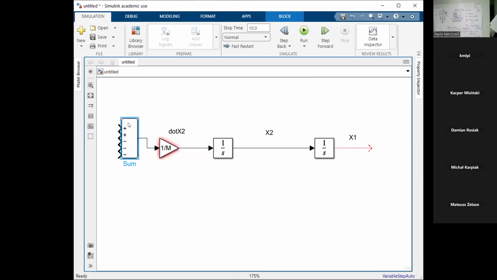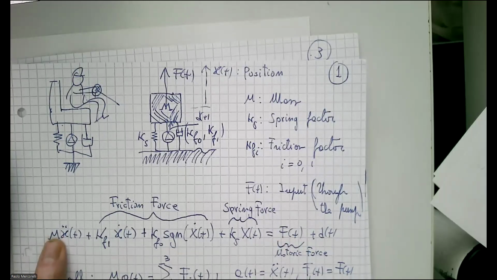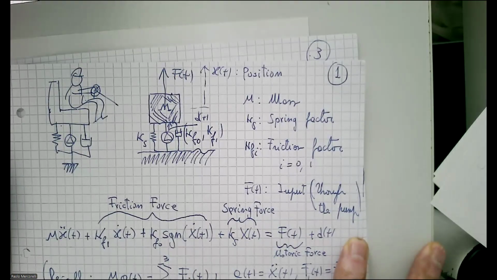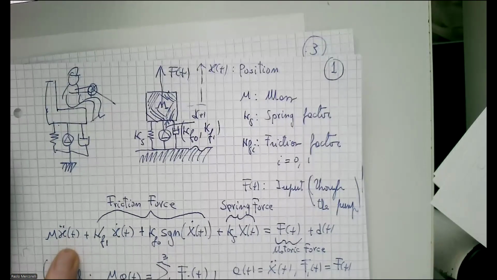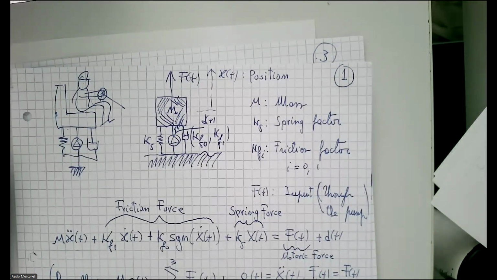Because we have on the right part f of t, d of t with plus, and then 3 elements which work against. Let me show you what I intend. Plus, everything divided by m, 1, 2, 3, on the other part with minus, everything divided by m. Because the idea is to express x2 derivative, which is x dot dot.